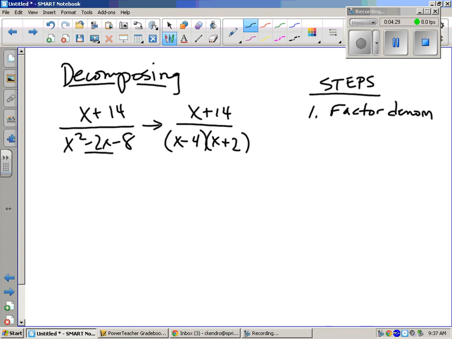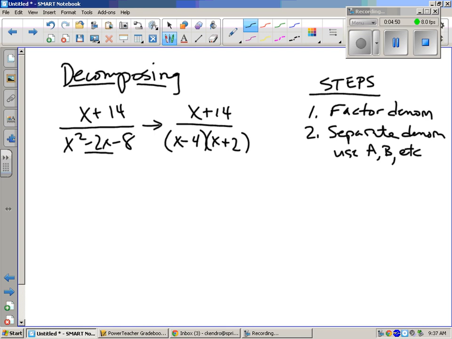The next step is to separate the denominator and use A, B, etc. as its numerator. The x plus 14, remember, turned into a 2 and a 3, but we don't really know that yet.